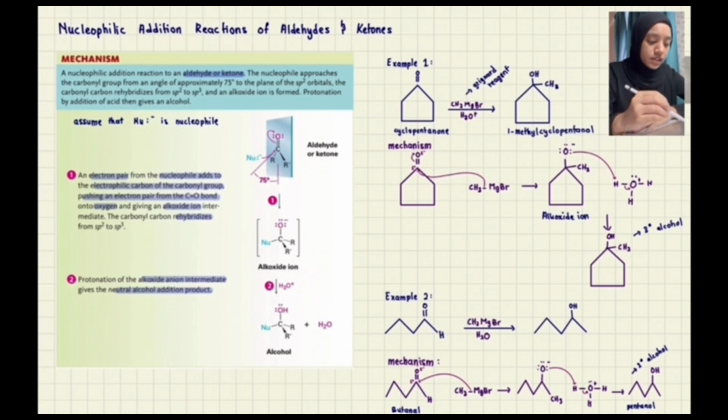For the first example, it is the nucleophilic addition reaction of a ketone. Cyclopentanone reacting with methyl magnesium bromide, which is a Grignard reagent, will form 1-methylcyclopentanol.